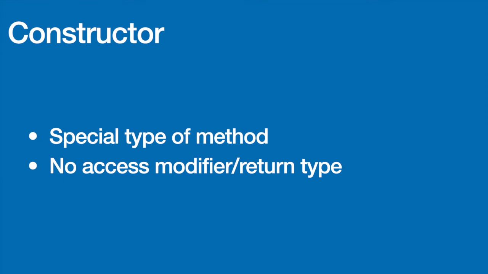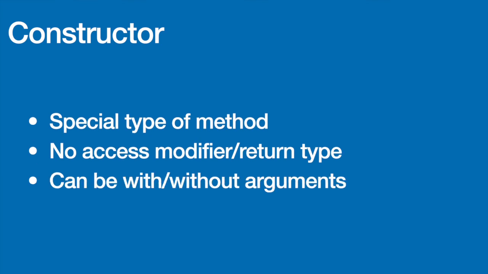There is no definition of return type or data type, because constructors are supposed to return the class type by default. So we don't need to specify the type of the constructor. We call it only with the name of the class. It can have arguments or parameters, and then when we call it we add arguments.